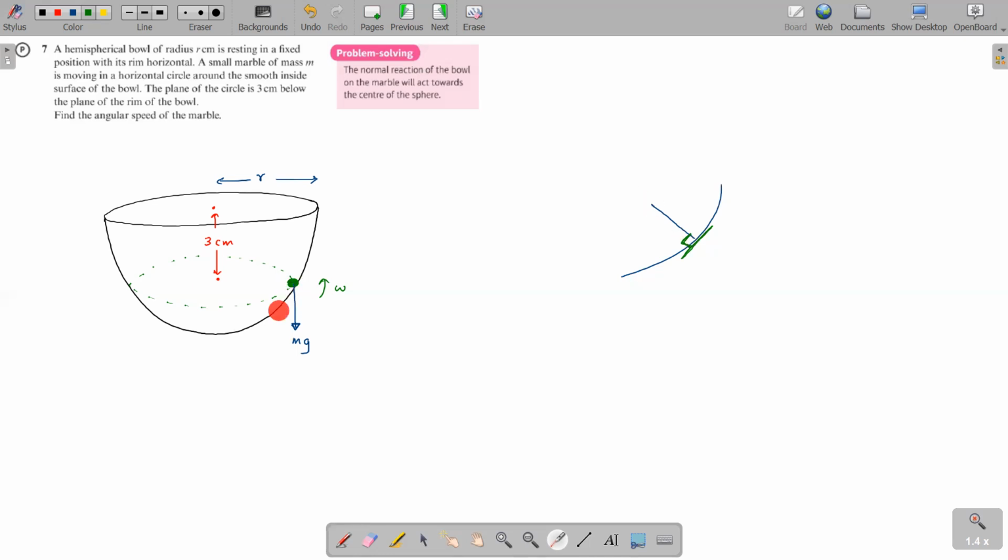That's exactly what we have over here. Our normal reaction is perpendicular to the surface. It's a circular surface, so it must definitely pass through the center of the hemisphere. That's really important.